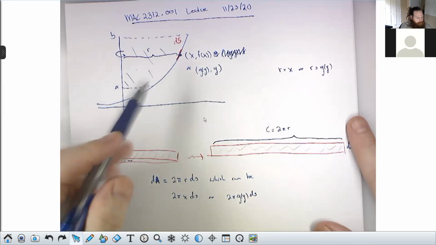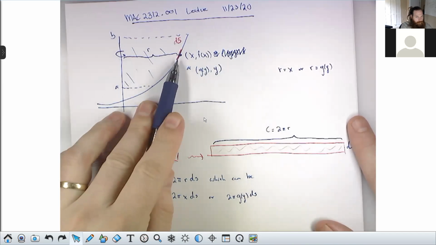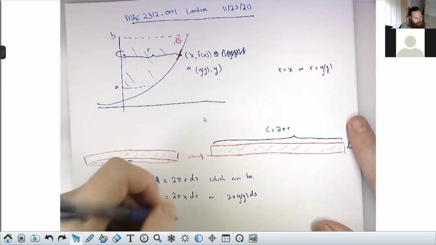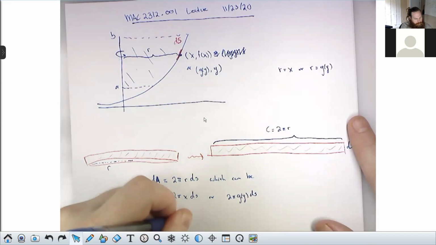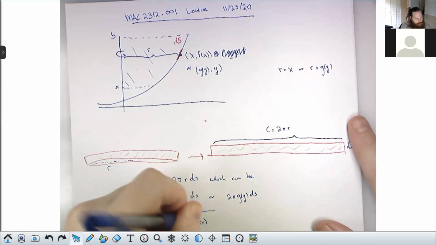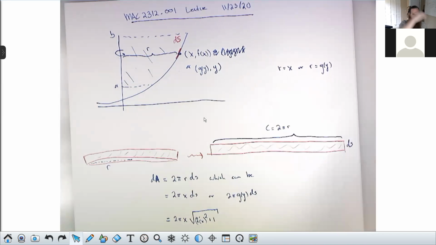And ds, arc length, can also be thought of a couple different ways, but most of the time we're going to think of this as 2 pi x and the ds piece as being the square root of f prime of x all squared plus 1.